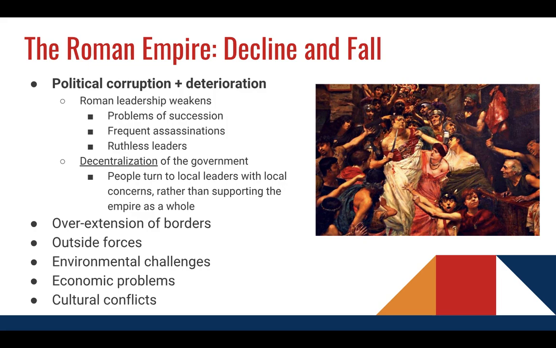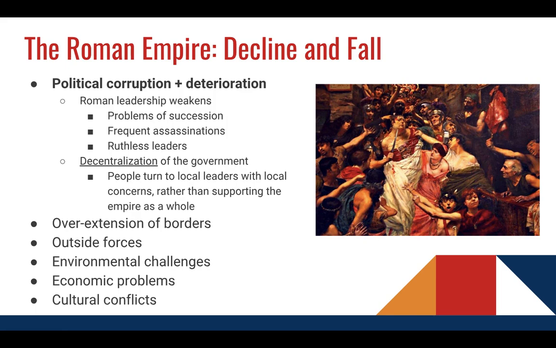But another thing we see in Rome is that it eventually decentralizes. This Roman Empire that is formed under the leadership of Augustus brings all power under his single leadership. This starts to break down, and people, as we look at some of the other problems Rome has coming up here in a second, start to turn to their local leaders with local concerns.